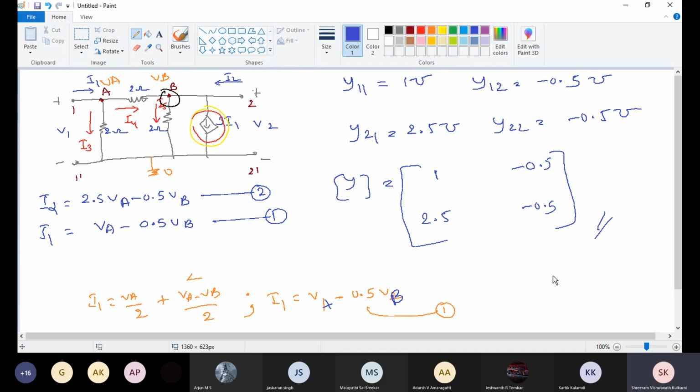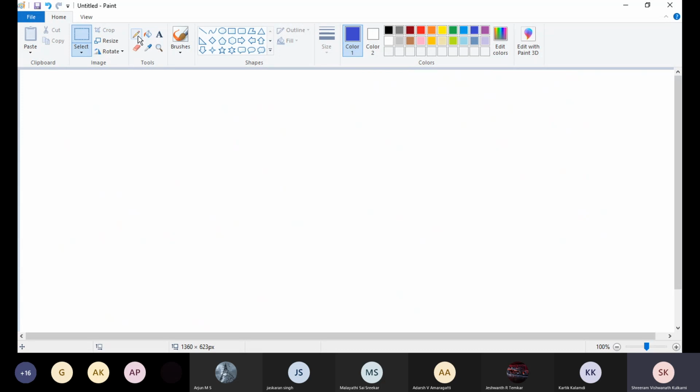Okay, now another example on Y parameters. You need to solve this one.